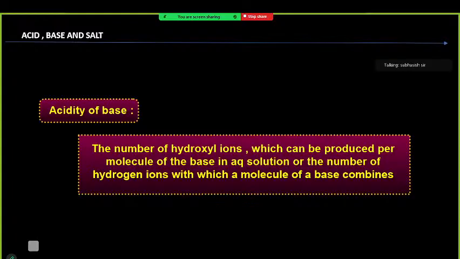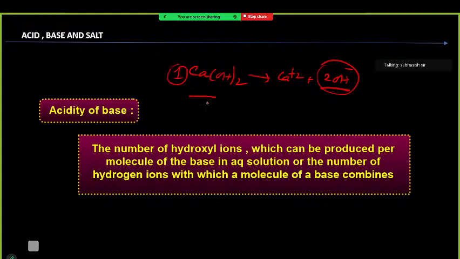Now the definition is quite similar: how many hydroxyl ions. For example, if you consider calcium hydroxide, one molecule of calcium hydroxide dissociates to form calcium 2 plus and 2 OH minus. So it gives rise to 2 OH minus from one calcium hydroxide, and that's why the acidity of calcium hydroxide is 2.